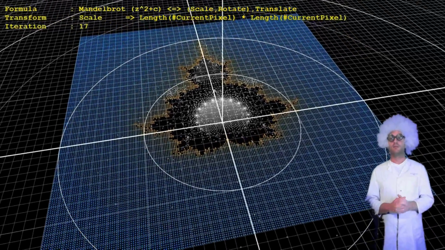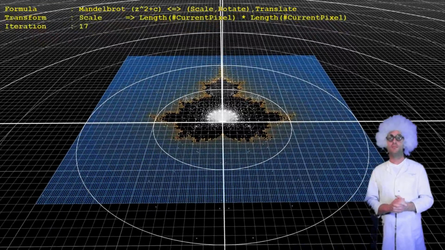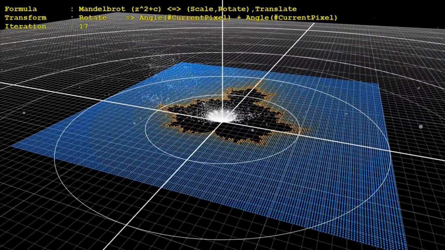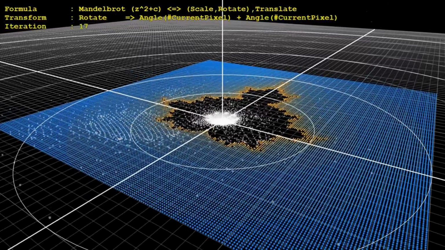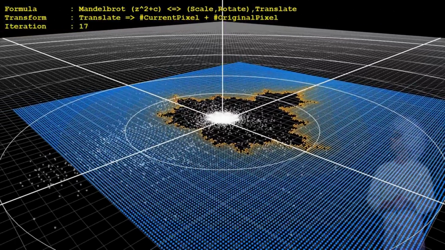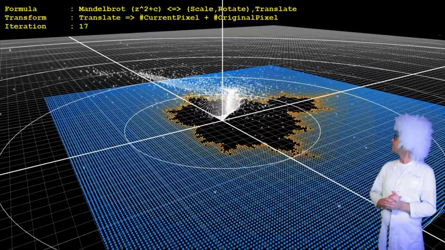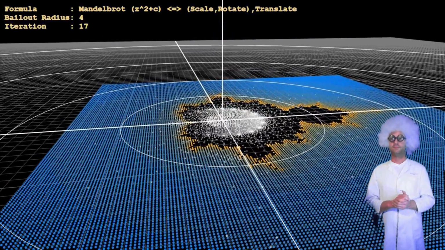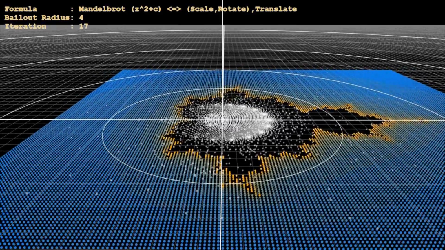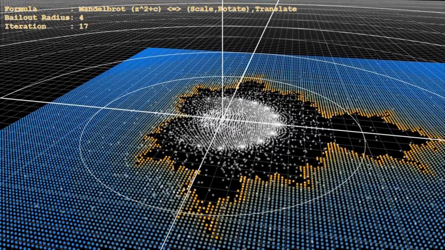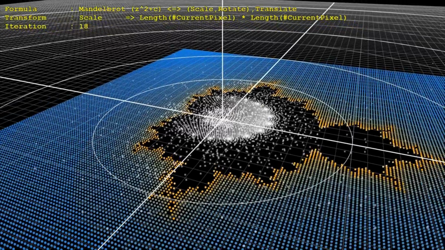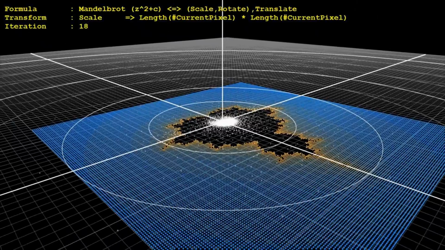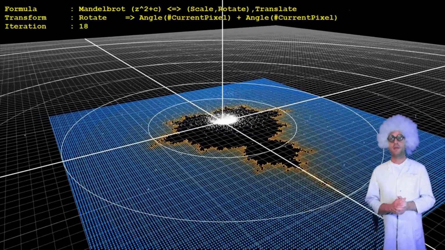The scaling. Points with a distance above 1 move farther away from the center. The rotation.